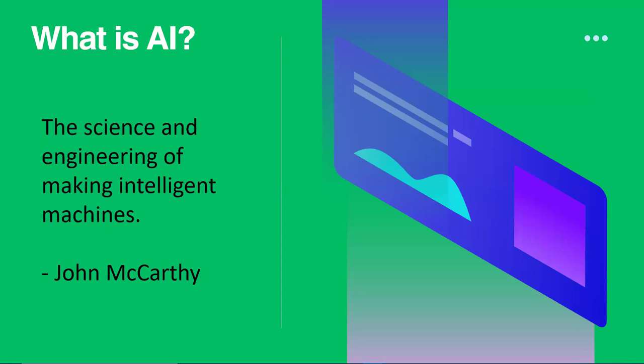So the goal is to have machines that can learn, machines that can grow on their own, independent of human intervention. And when that happens, we have machines that can carry out complex tasks, whether it's trading, teaching, or creating curated material.